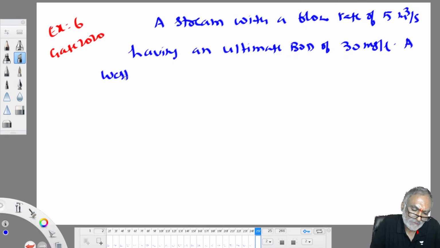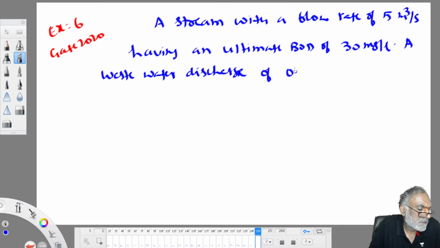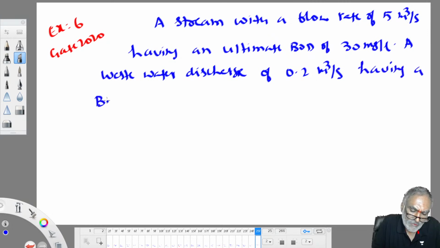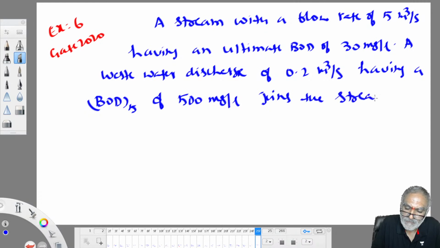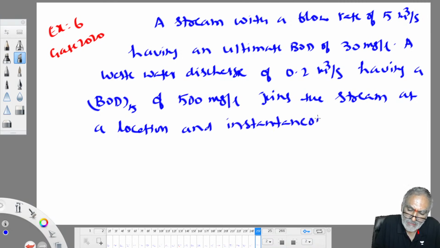Wastewater discharge of 0.2 meter cube per second, having a BOD 5 of 500 milligram per liter, joins the stream at a location and instantaneously gets mixed up completely.